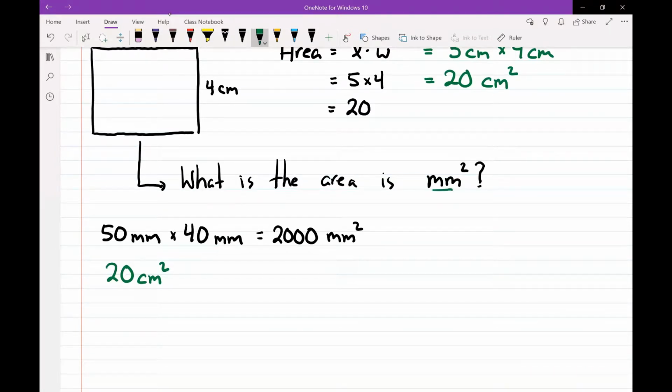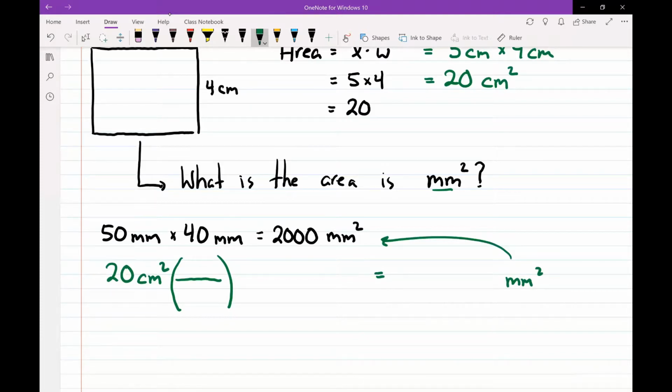Well, the first thing I need to deal with is getting out of centimeters. The centimeters is the units I want to get rid of. So when I use a conversion factor, I have to put those in the bottom of the fraction. And of course, the end result is I want to get millimeters squared here.